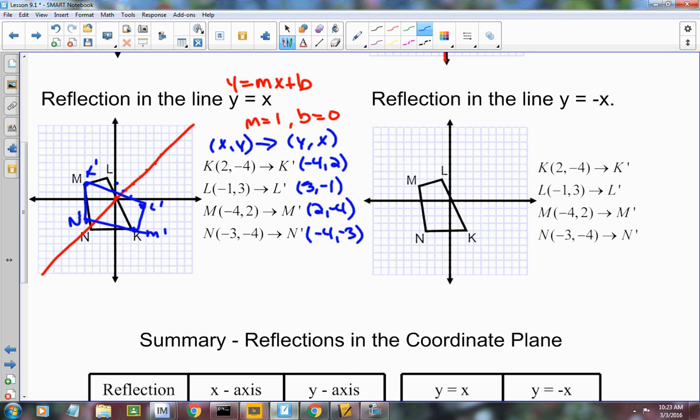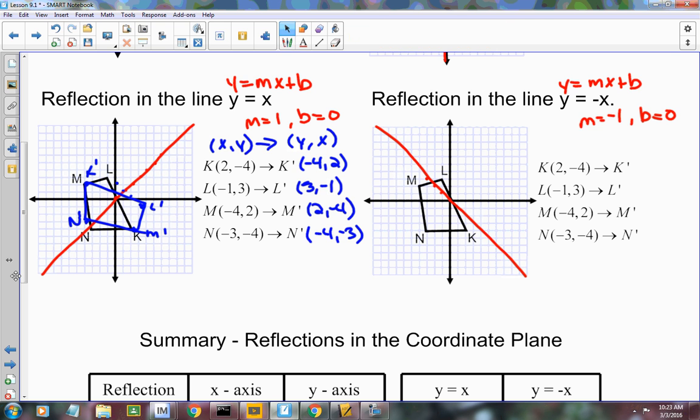What about the line y equals negative x? What is it going to look like? It's going to go diagonal, but the other way, right? Because again, if we look at our equation of a line, my slope now is going to be negative 1, and my y-intercept is going to be 0. So it's got a negative 1 for a slope, still goes through the origin. So when I reflect, again, I go diagonal.